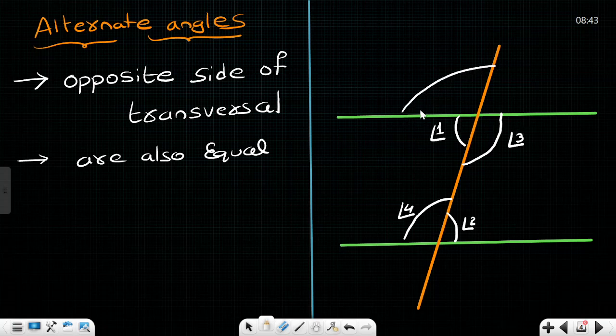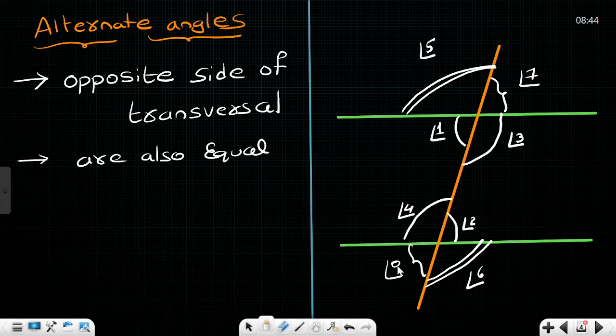Then you can have these two, angle 5 and angle 6, right? And then what else you can have? This angle and this angle, angle 7 and angle 8.